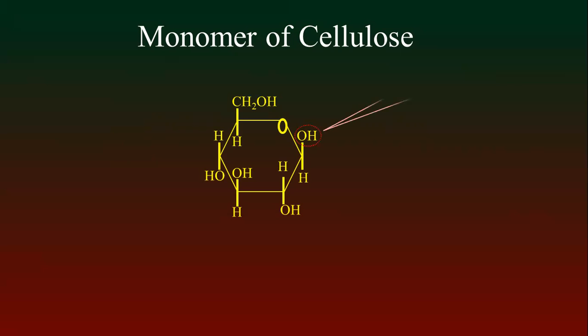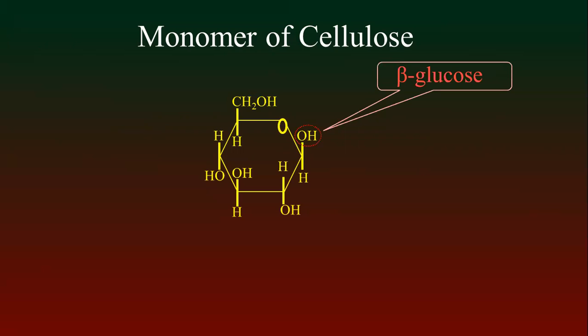Beta means that when the hydroxyl group lies above the plane, the compound is called beta glucose. And if the hydroxyl group is located below the plane, then the glucose is called alpha glucose.